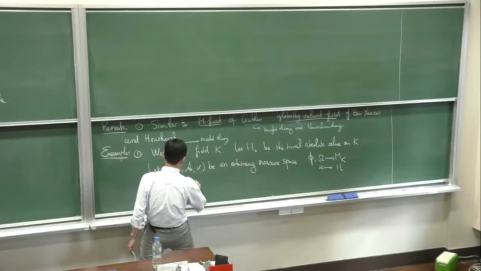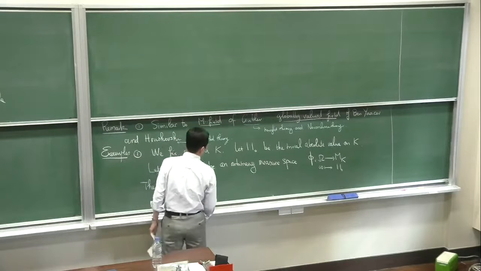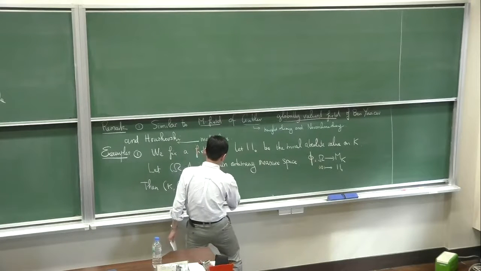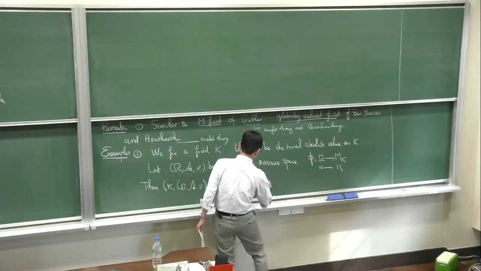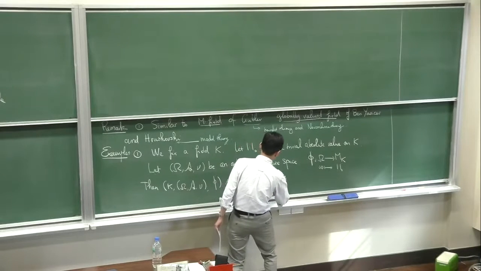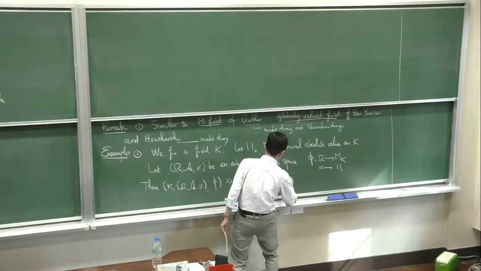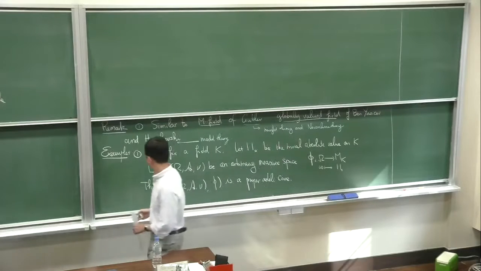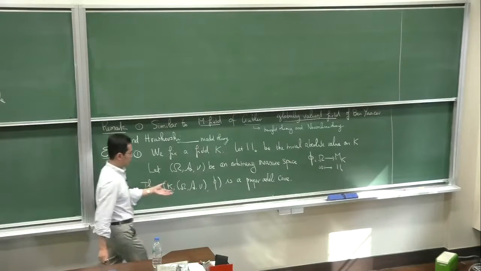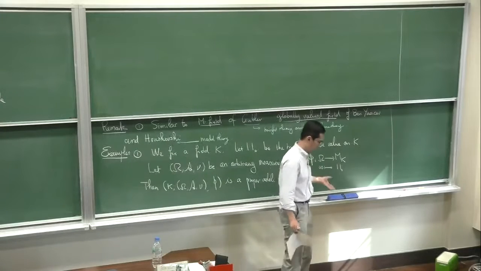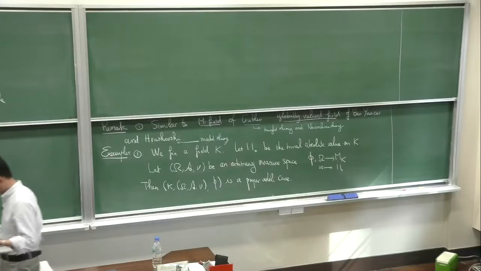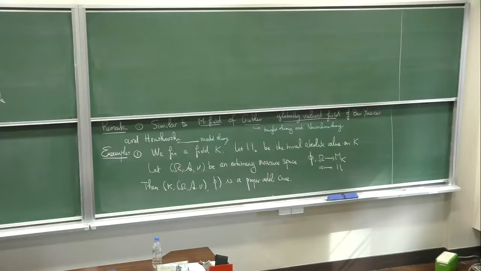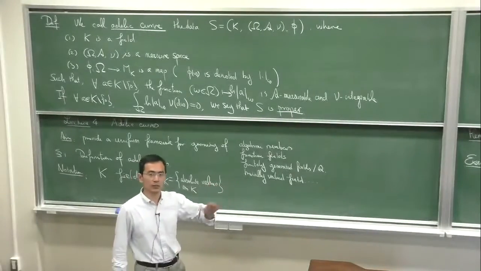So (K, Omega, A, nu, phi) is a proper adelic curve. The reason is that if you evaluate the absolute value function on some nonzero element in K, you obtain 1. If you take a logarithm, you obtain 0.